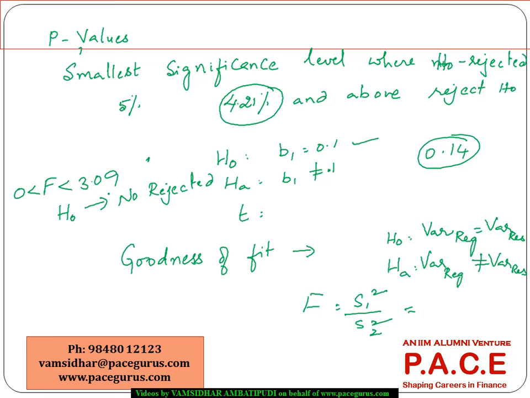Meaning the regression model is able to explain the variance in the dependent variable quite comfortably compared to the error. So from that standpoint, we can very well move forward saying this particular model overall shows goodness of fit.